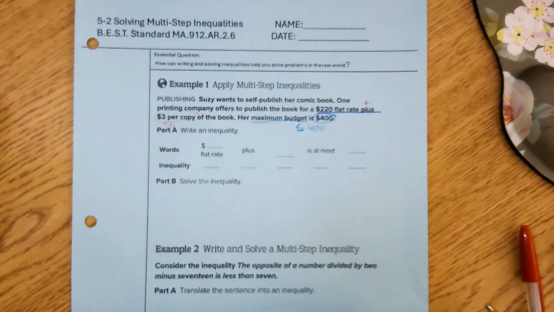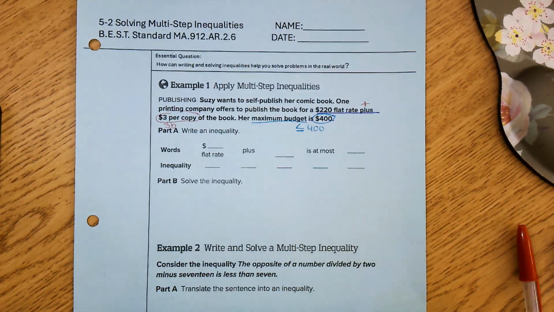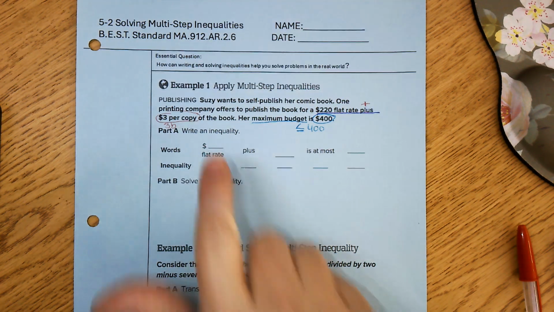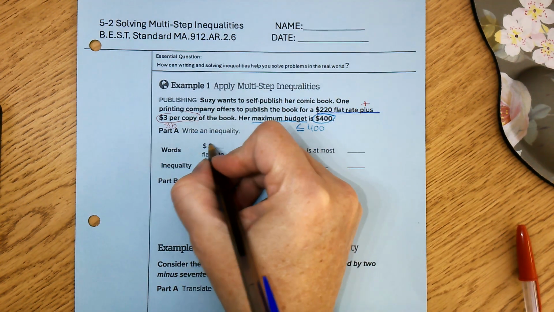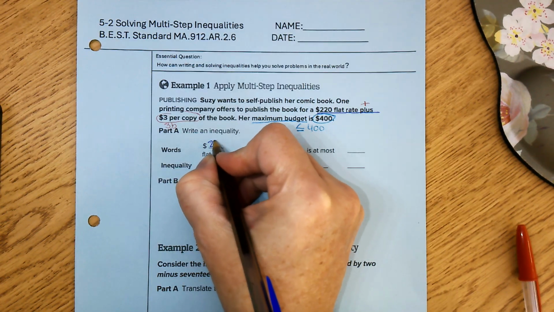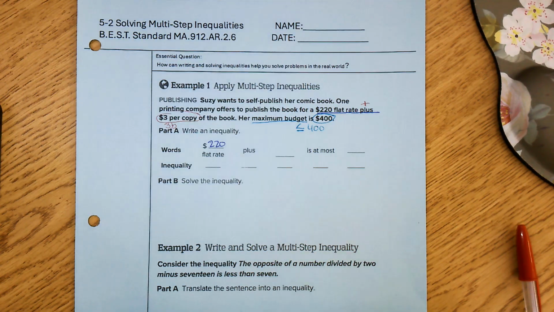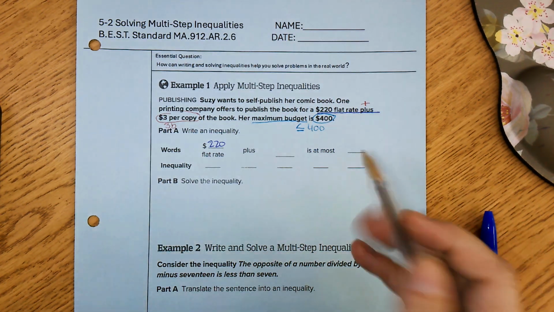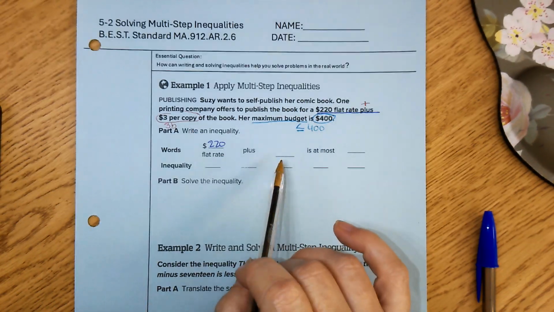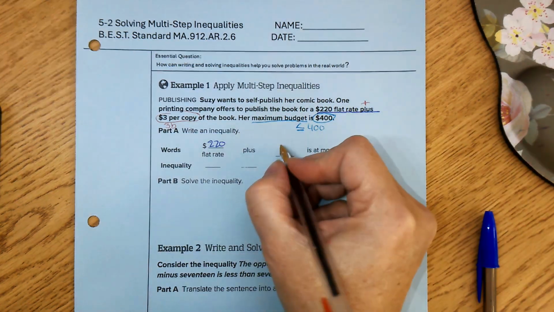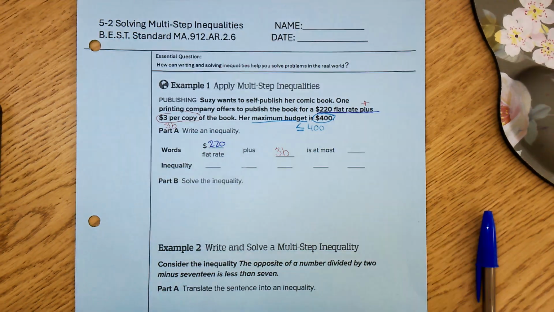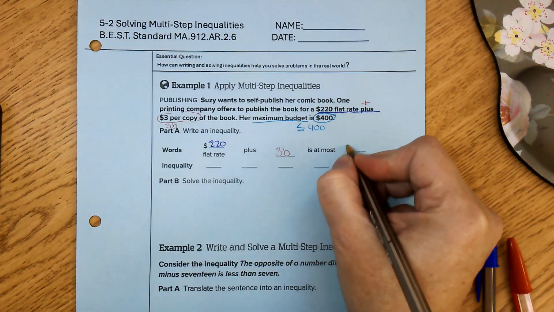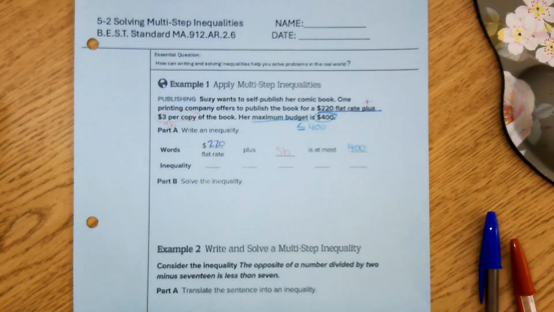All right. So let's see what we got here. Our flat rate is $220 plus the $3 per book is at most $400 because we can't spend any more than that.